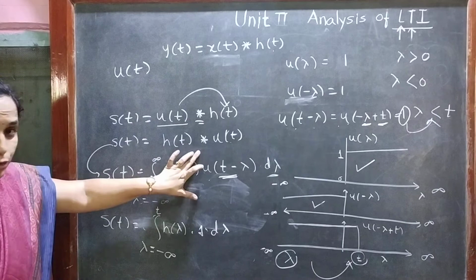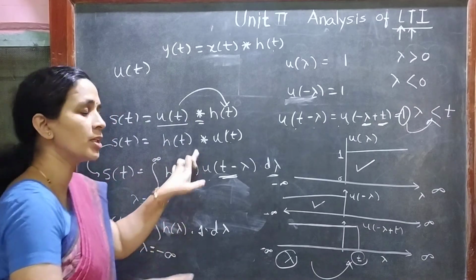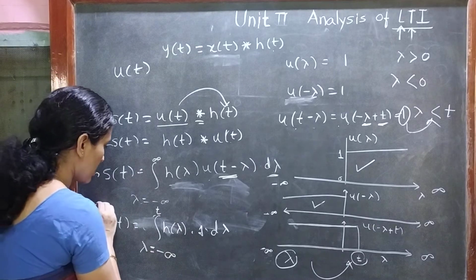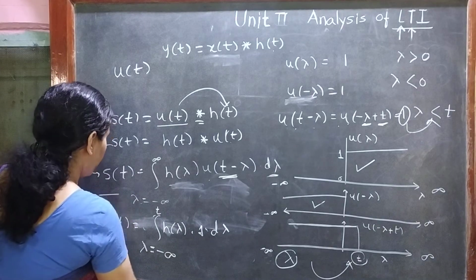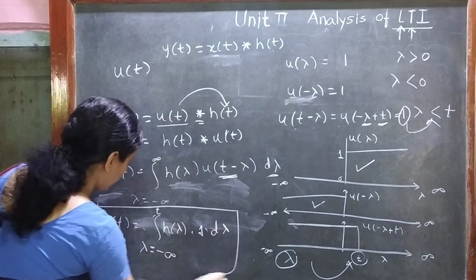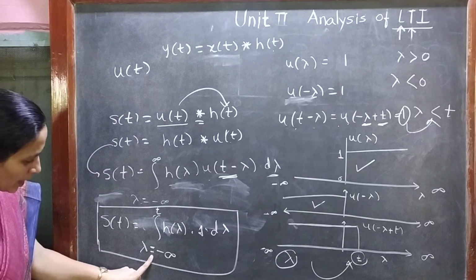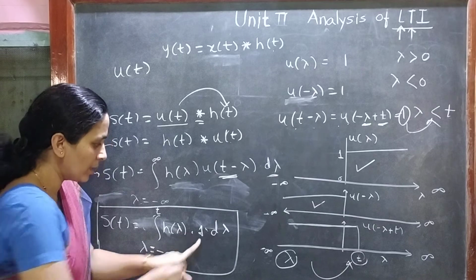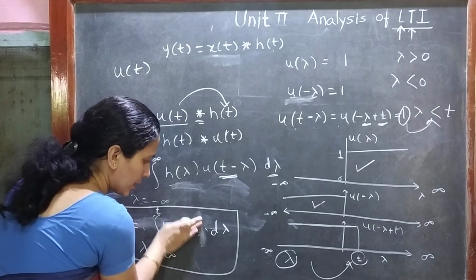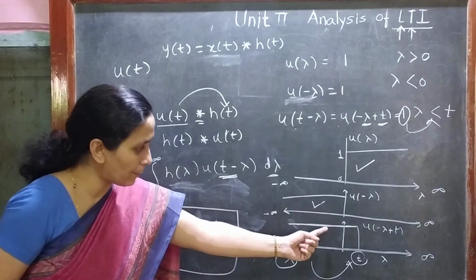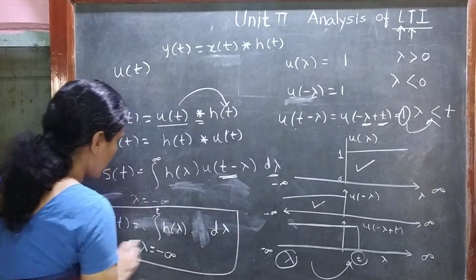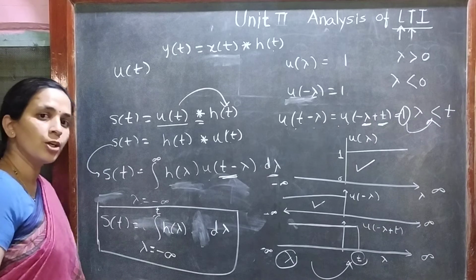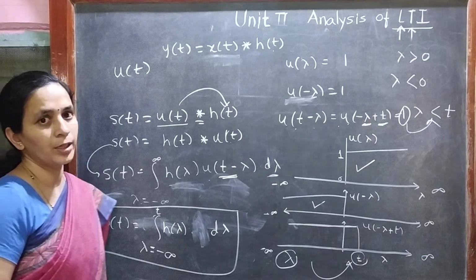So my convolution equation when the unit step signal is applied to the system comes to be s of t is equal to integration, lambda equals minus infinity to t, h of lambda d lambda. This 1 is there just to show the amplitude of this unit step signal. So this is how the response of the system using unit step signal is obtained.